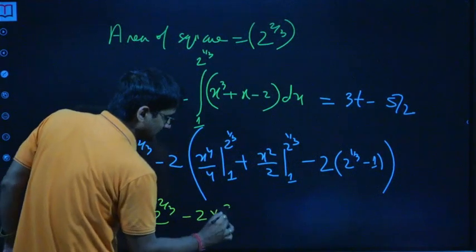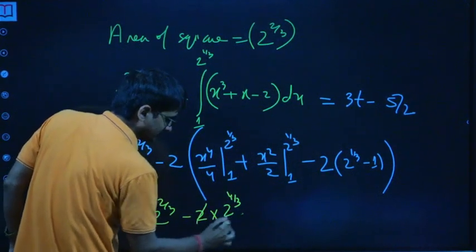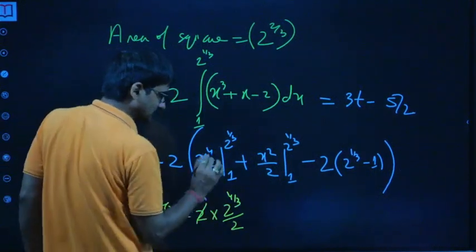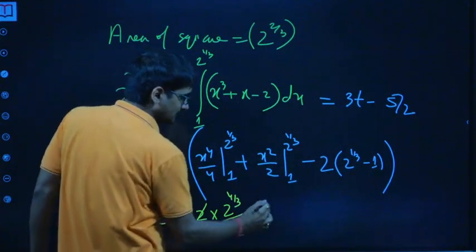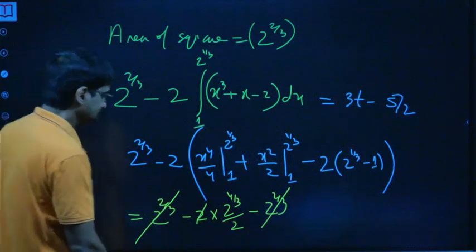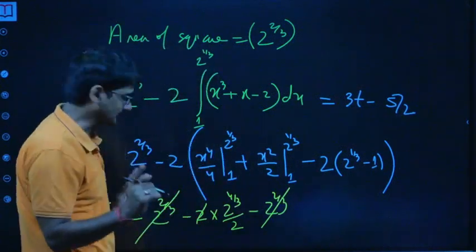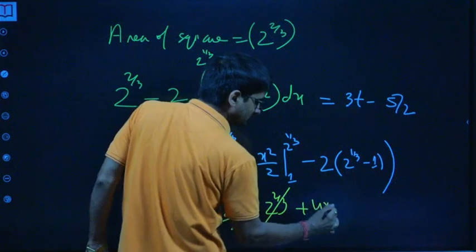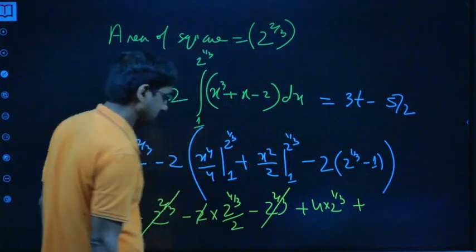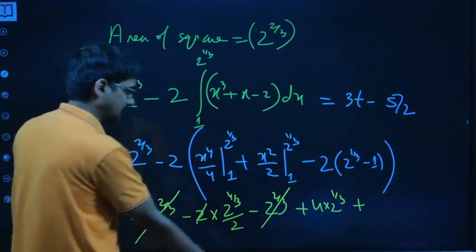2 into 2 raised power 4 by 3 by 2, 2 is gone, minus 2 raised power 2 by 3. Okay, this is gone, fine. Minus minus is plus 4 into 2 raised power 1 by 3, and this is plus 2.